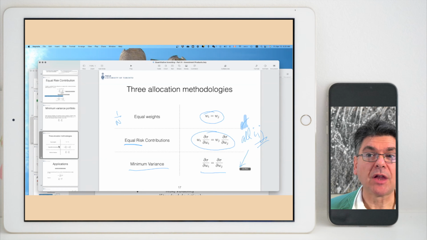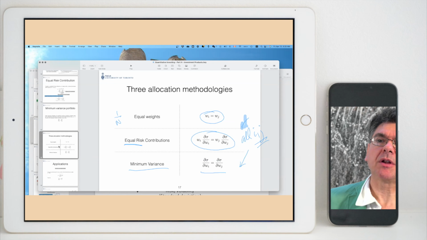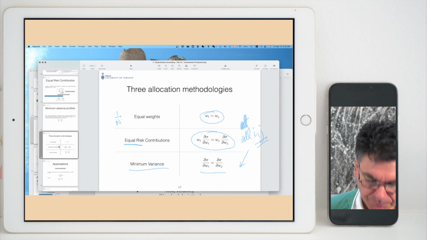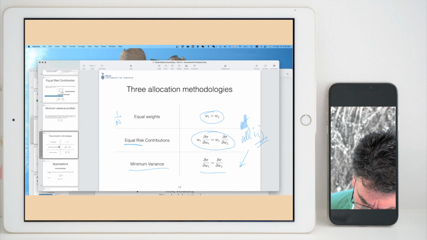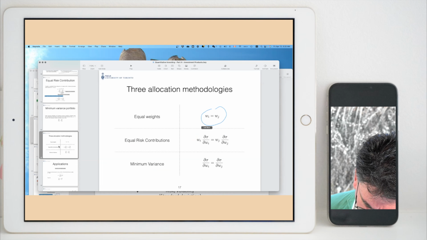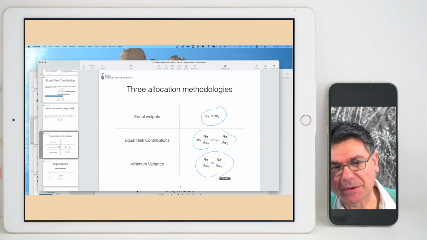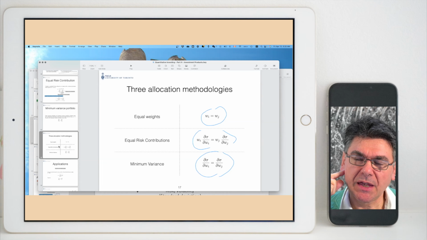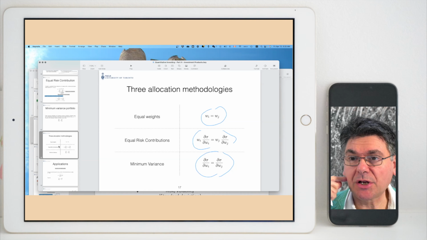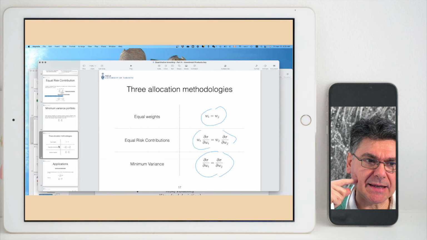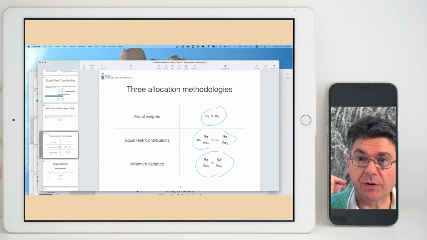Okay? So three allocation methodologies, three ways to build investment portfolios, and the resulting expressions are very similar. Look at that. The results are very different, but the expressions are very similar. And they all have something in common. They're all expressed as systems of equations.